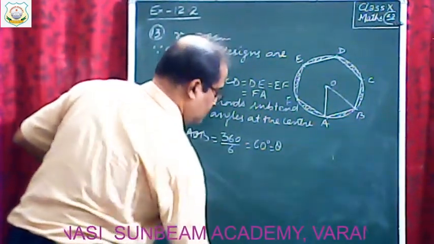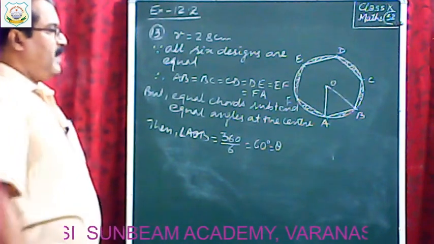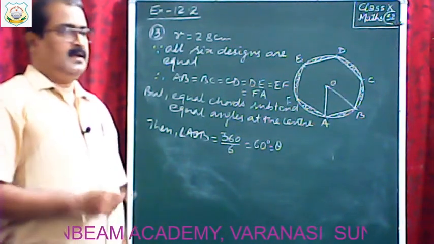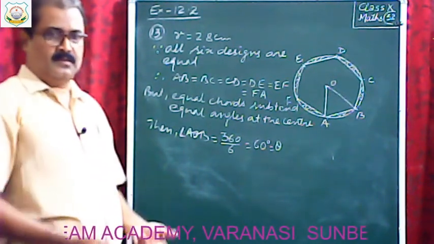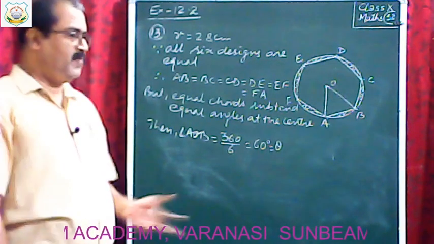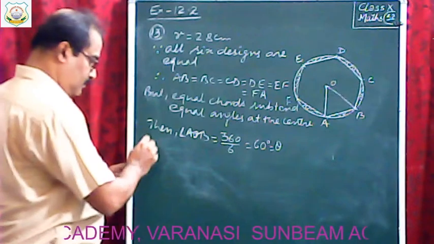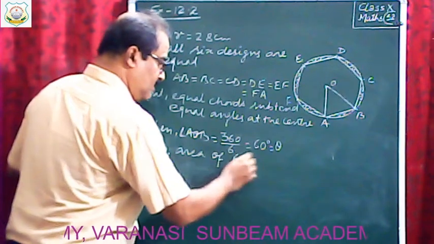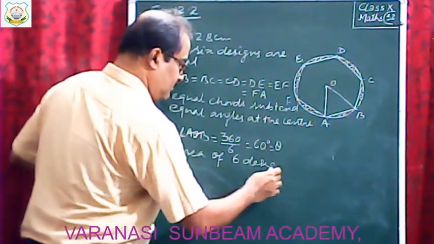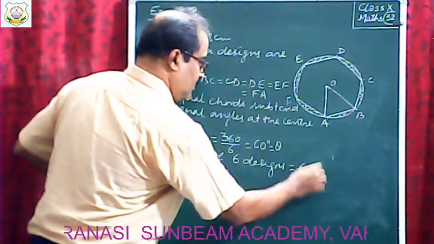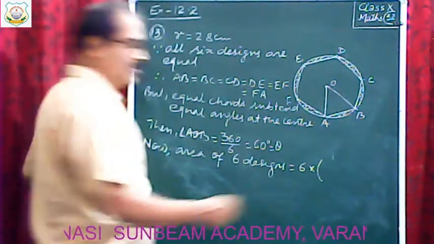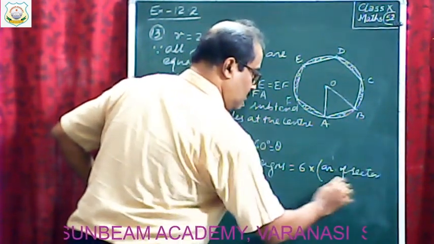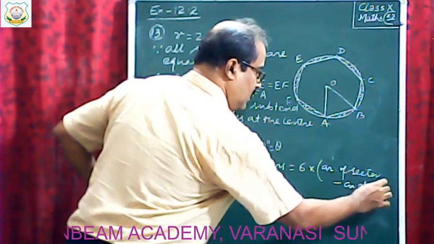Now thereafter we have to find area of design. Thereafter we have to find area of 6 designs. So whatever we get, that you have to multiply by 6. So finally you have to write now area of 6 designs equals 6 into area of sector minus area of triangle AOB.